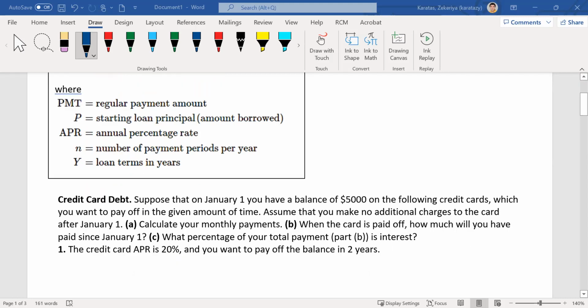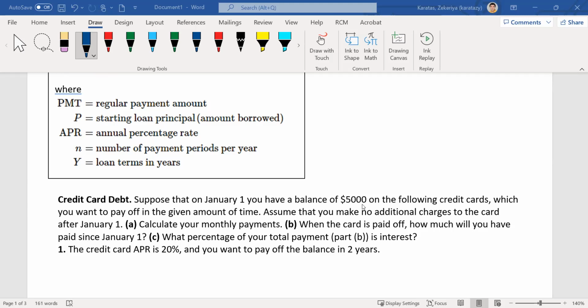For the first problem, I chose two examples: one for credit card payments, and the other one is simply a mortgage. You may think of a credit card in the same way if you're keeping a certain balance all the time.